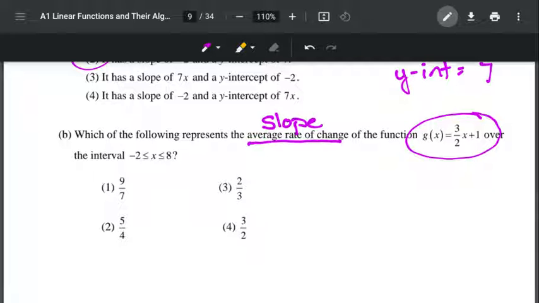Look at your function, y equals 3 over 2x plus 1. Remember, y equals mx plus b. Where's your m? Right there. So our slope is 3 over 2. It's tricky in that you have to understand how all of the vocabulary goes together.